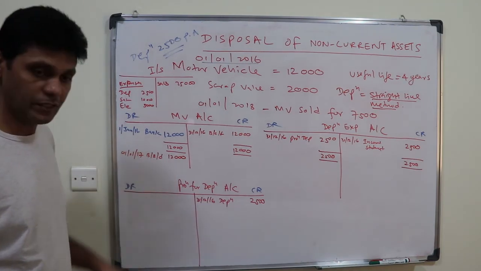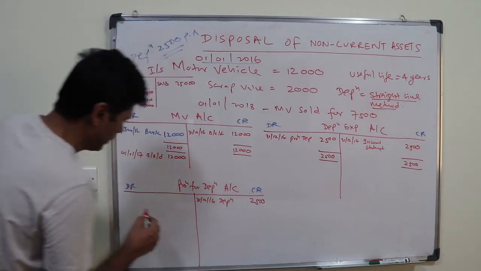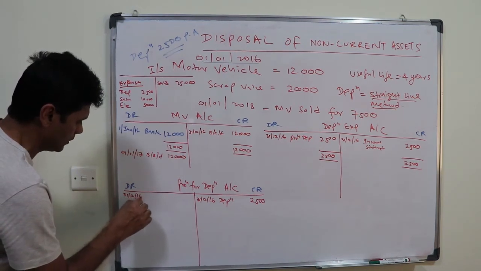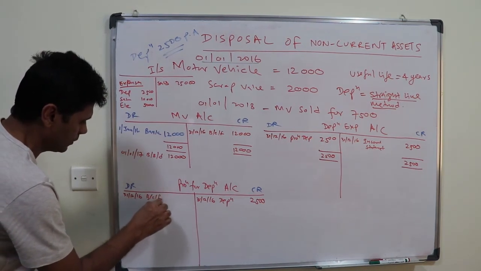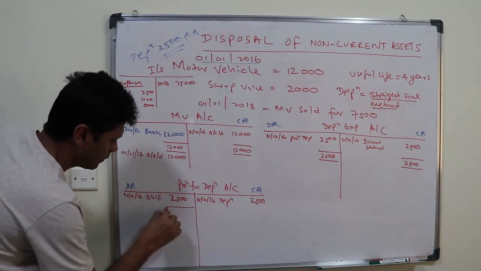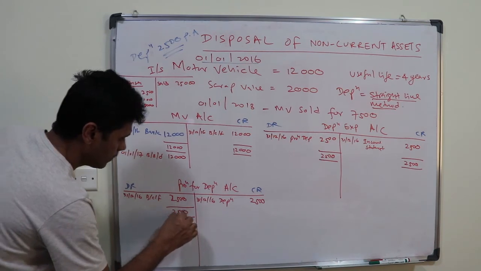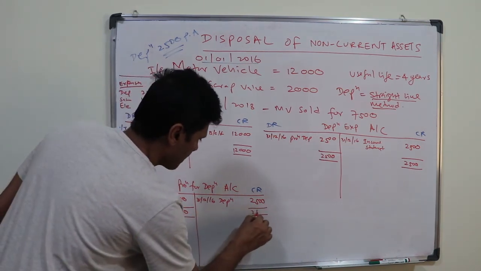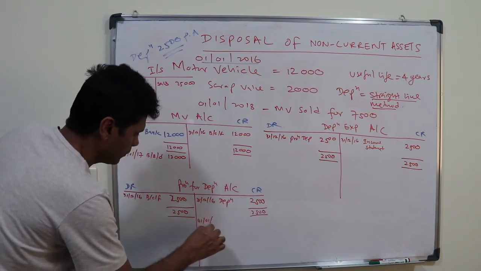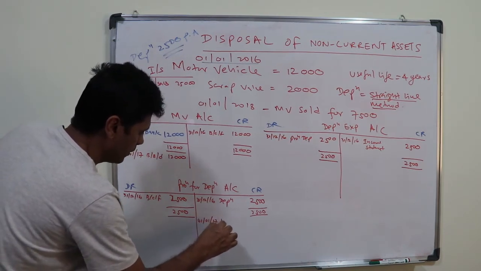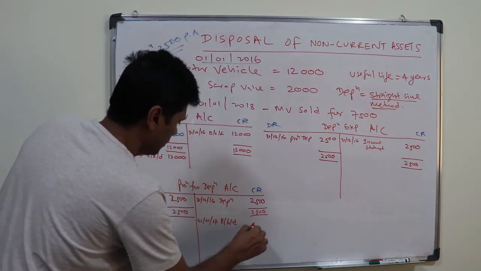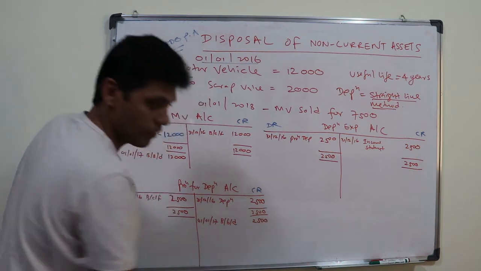So likewise the provision account also, you take 31st December 2016 balance carried forward 2,500. First January 2017 balance brought down how much? 2,500.